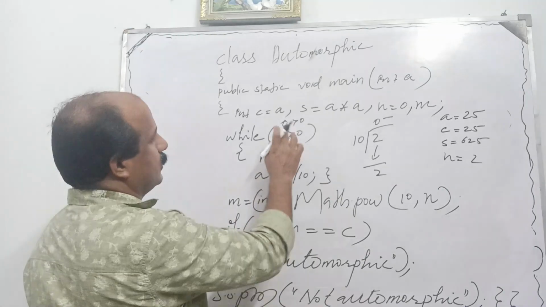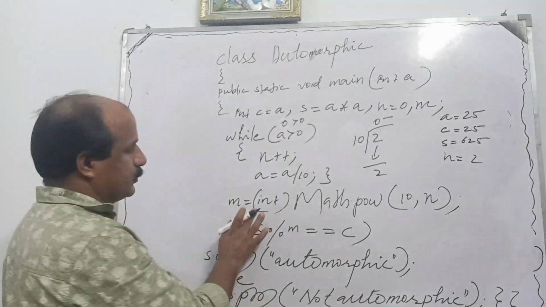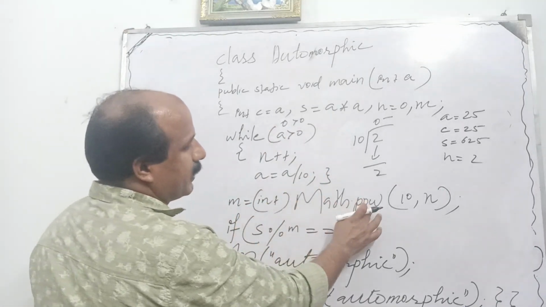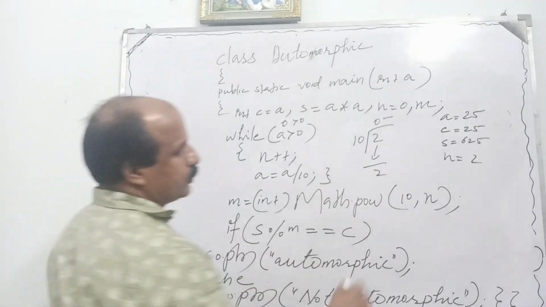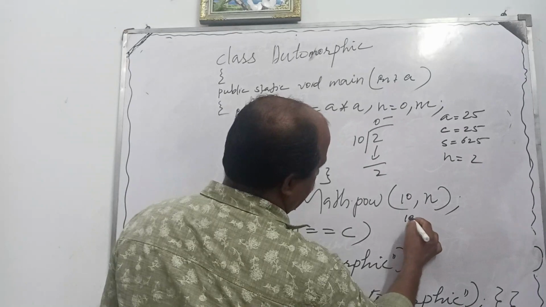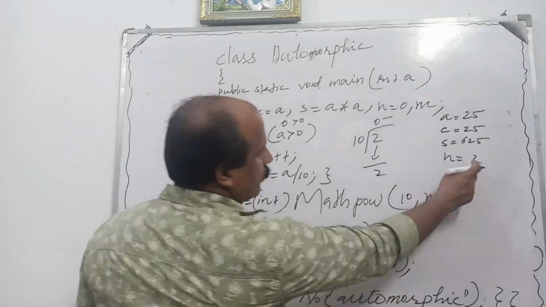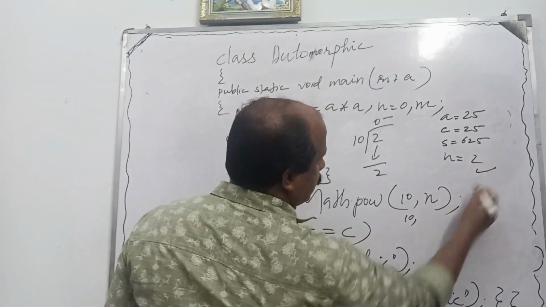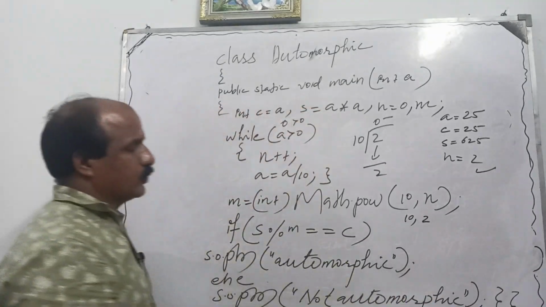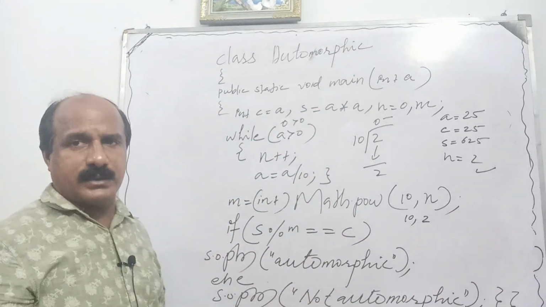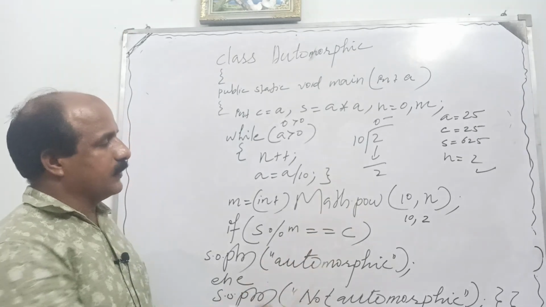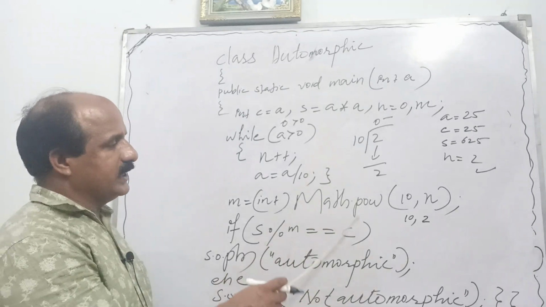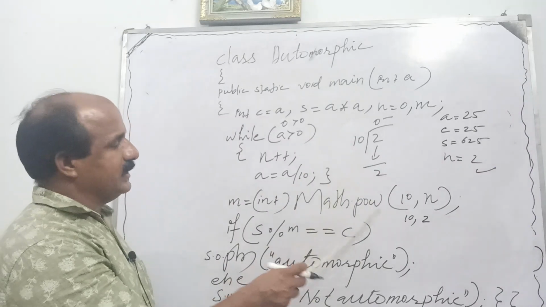Coming over here, what is it doing? Math.pow(10, n). 10 is 10 itself, and n we have calculated as 2. Look here, it is 2. 10 to the power 2, what is that? 100. You know the return type of the Math.pow function is double. I don't need a double return type, I need an integer value.